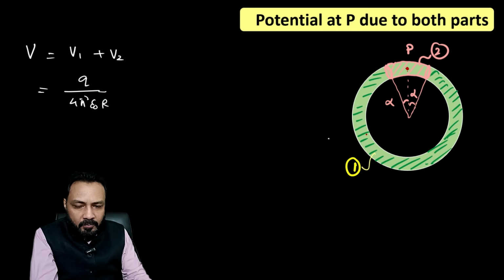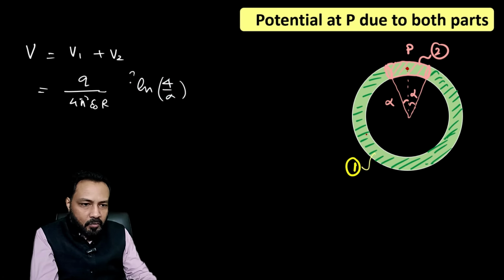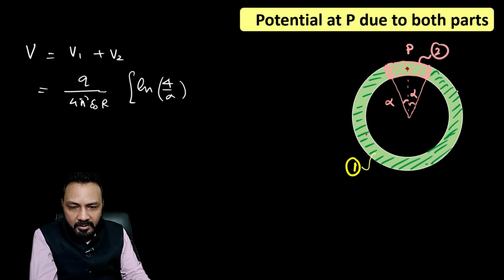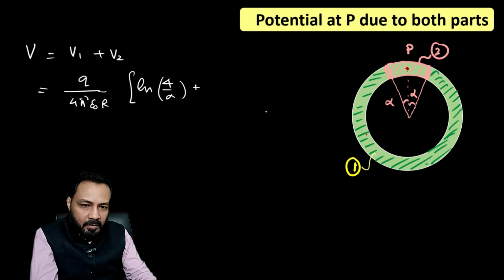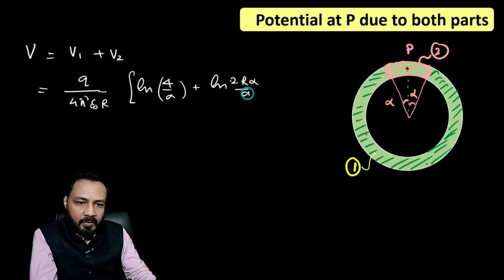So because of part 1, potential was this into ln 4 by alpha, and because of part 2 at point P, potential just calculated, q upon 4 pi square epsilon naught r into ln 2r alpha by a.